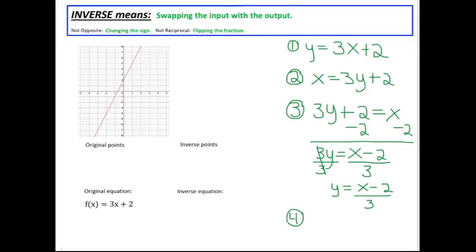And so since the inverse is a function, we can go ahead and write it in inverse function notation. So I have f inverse of x is equal to x minus 2 over 3.